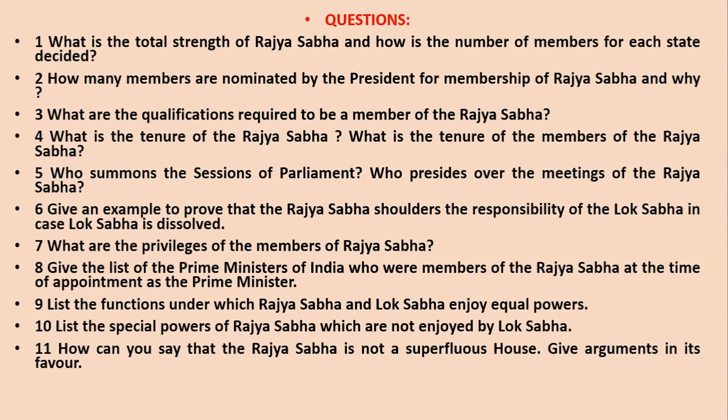So I have discussed with you. First is citizen of India, then minimum age, I told you that is 30 years. Then he should not be holding any office of profit. He should not be bankrupt and he should not be insane and all. These are the qualifications. Then the next question is: what is the tenure of Rajya Sabha and what is the tenure of the members of Rajya Sabha?